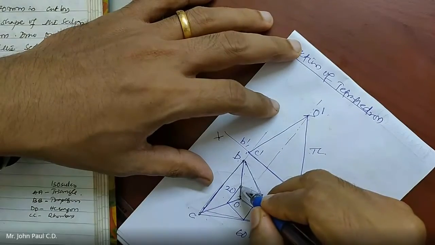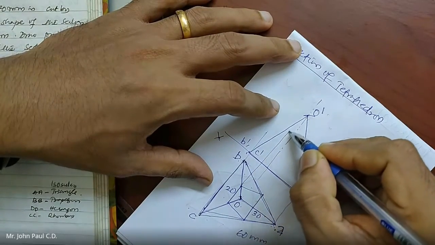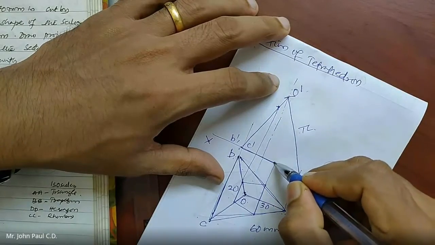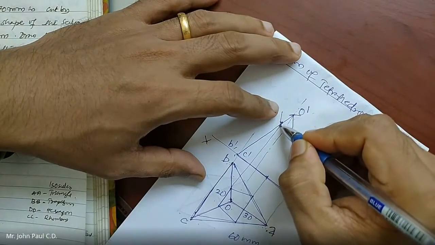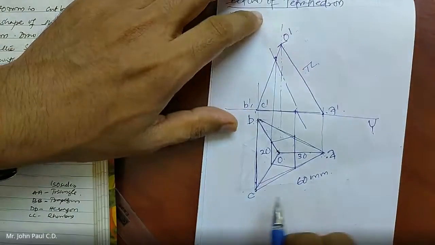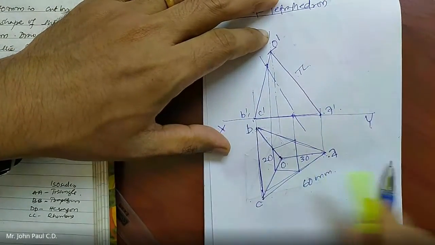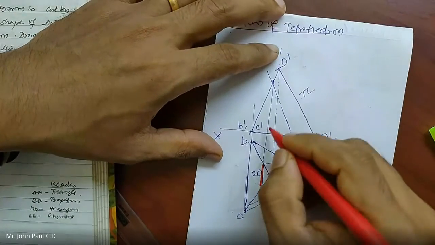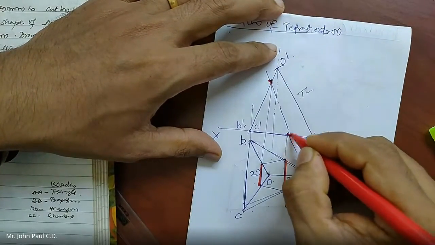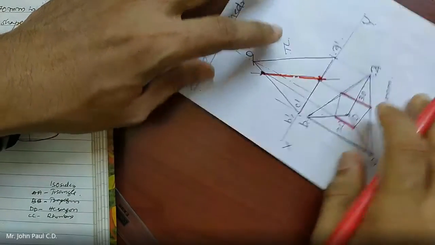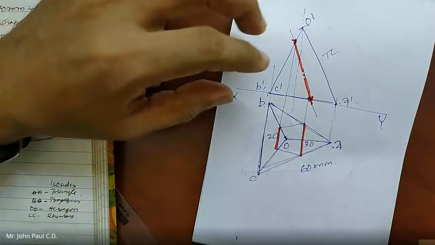So if I project this up, this and this will be my section line. This is 20, this is 30. So I'll get the corresponding points over here and over here. So this will be the section. You get it?